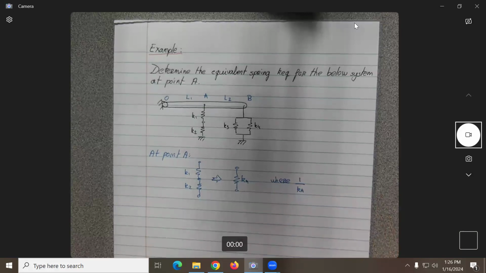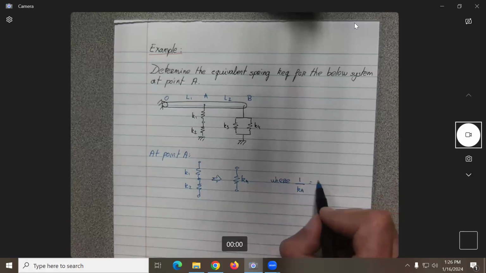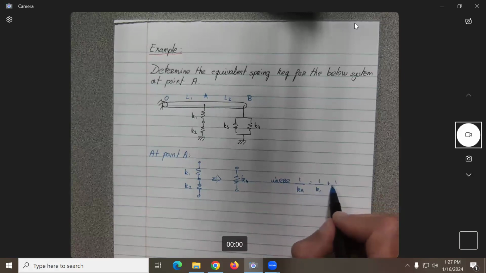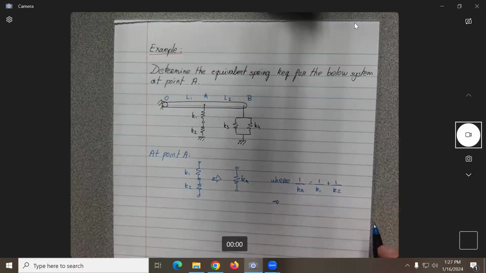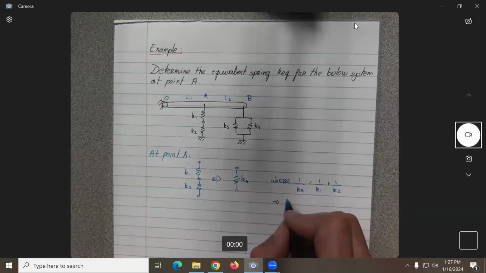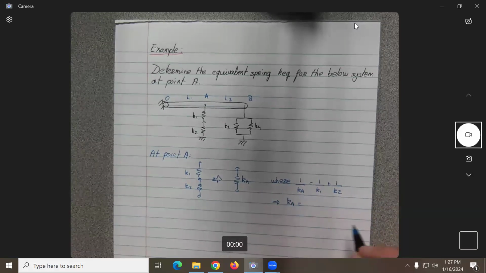Basically, they are in series. So what do we know? 1 over K sub A should be equal to what? Correct. But let's say 1 over K sub 1 plus 1 over K sub 2, no? Okay. Or we can do, using the same notation, K sub A will be equal to the sum of the inverses: 1 over K1 plus 1 over K2, inverse.